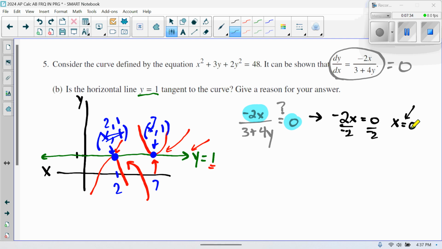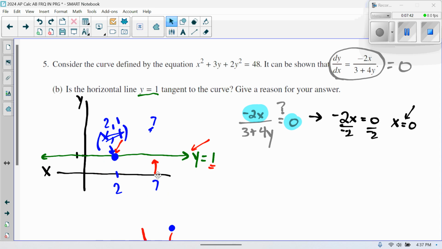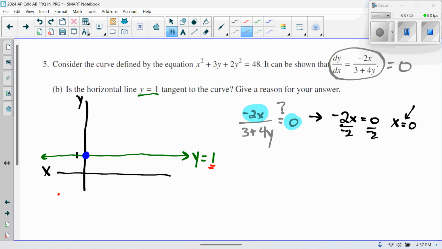Let me get all this stuff out of the way. I have a critical point where x is 0, so I'm going to mark that right there. That means my graph would either have a max there or a min there.